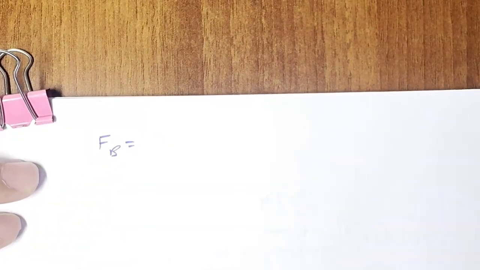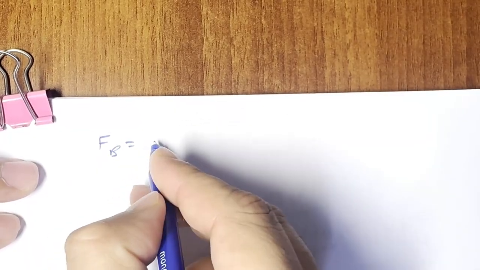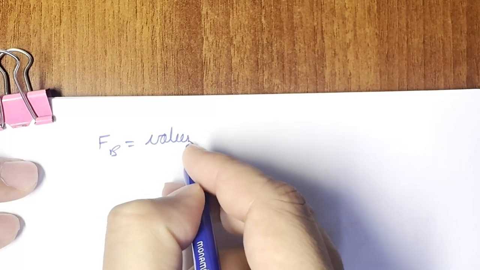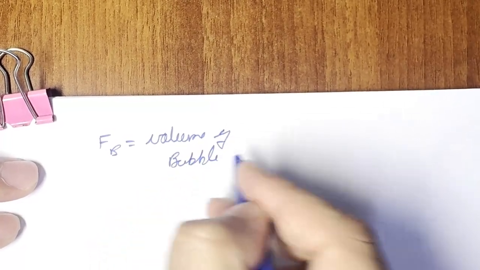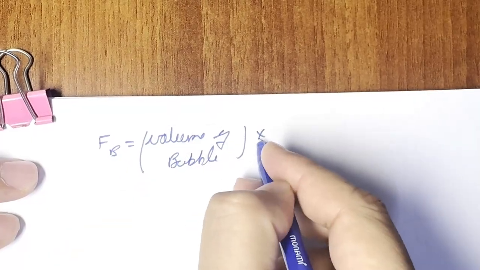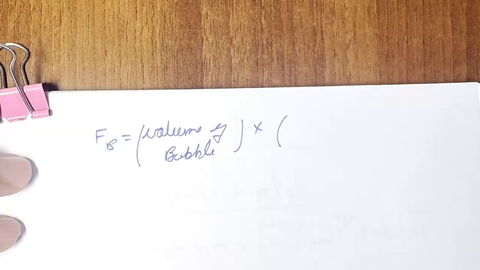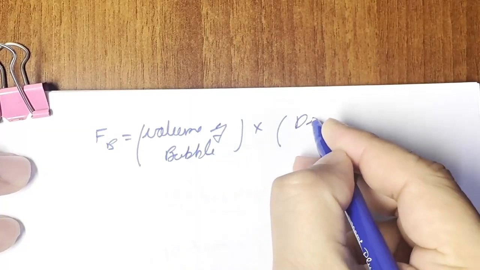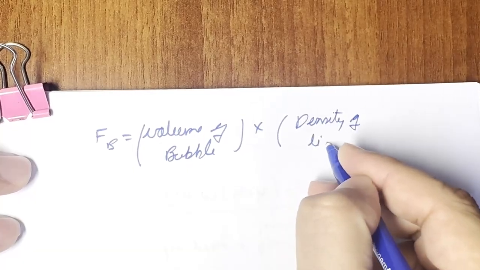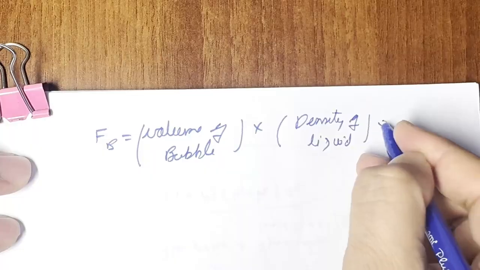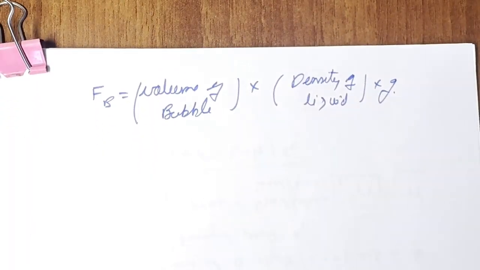Let us write this formula. Our buoyant force FB will be equal to the volume of the bubble multiplied by the density of the liquid and multiplied by g.